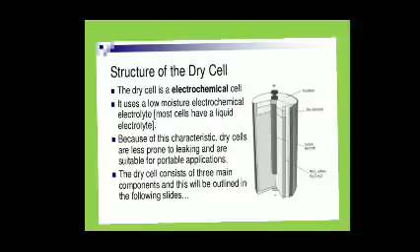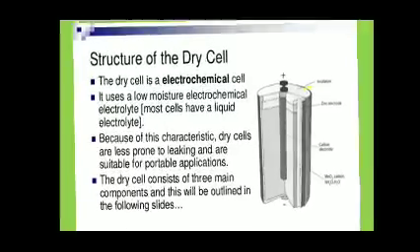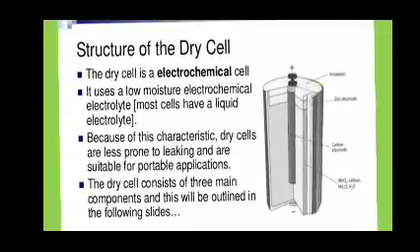Structure of dry cells. The dry cell is an electrochemical cell. It uses a low moisture electrolyte.